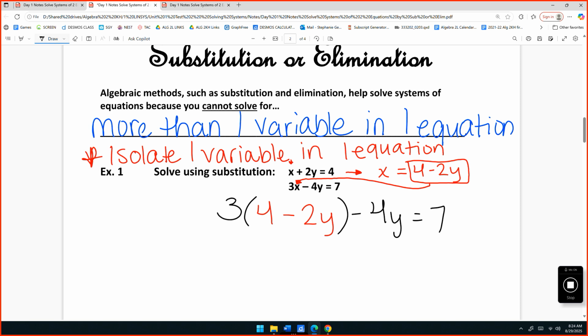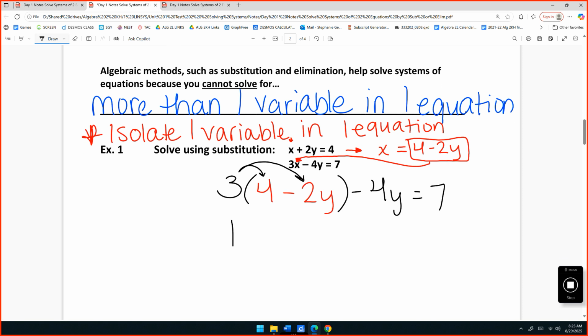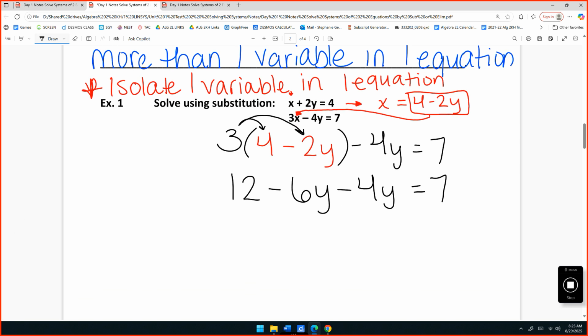Now I have one equation, and how many different variables are in it? One, so we can solve it, because I only have y's. We use all of our algebra skills to solve, so we distribute the 3 into the parentheses. We have 12 minus 6y minus 4y equals 7. Then we combine like terms, so I have 12 minus 10y equals 7.